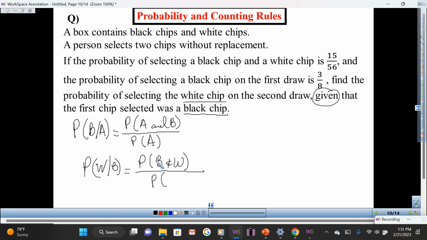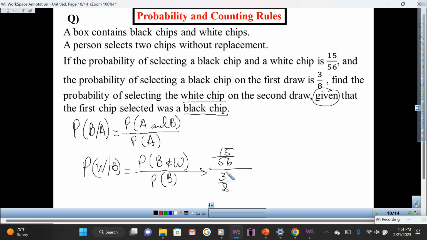B. Right? P of A over here, P of A, yes, okay. So, what is the probability of a black and a white? 15 over 56, divided by, how about the probability of the black chip?